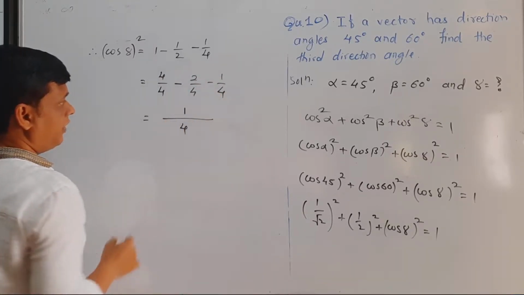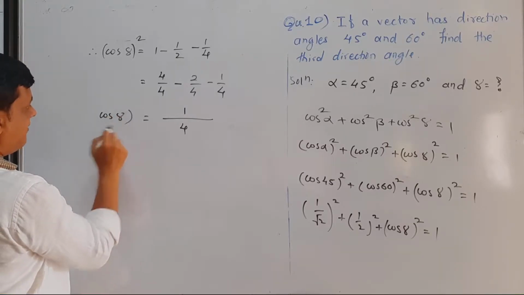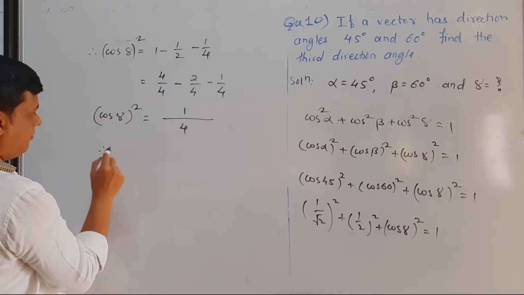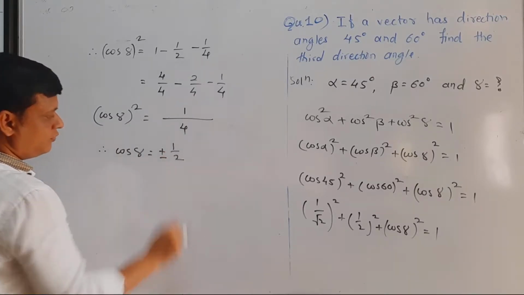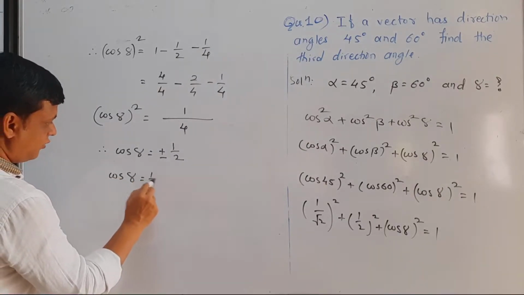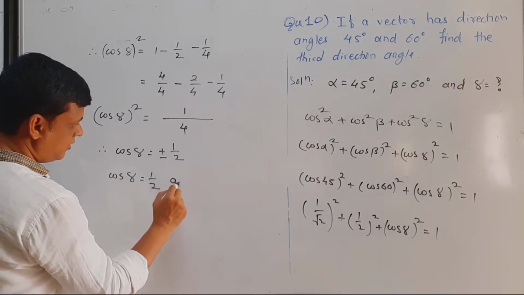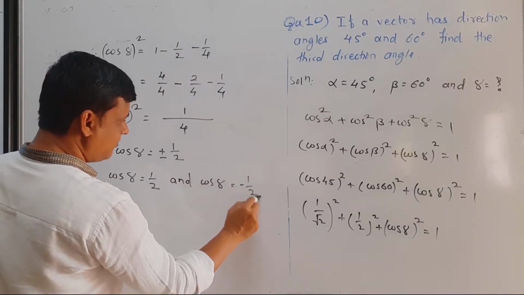So we get 1 by 4, this is the value of cos square gamma. So taking the square root on both sides, we get cos gamma equals plus or minus 1 by 2. That means cos gamma is equal to 1 by 2 and cos gamma is equal to minus 1 by 2.